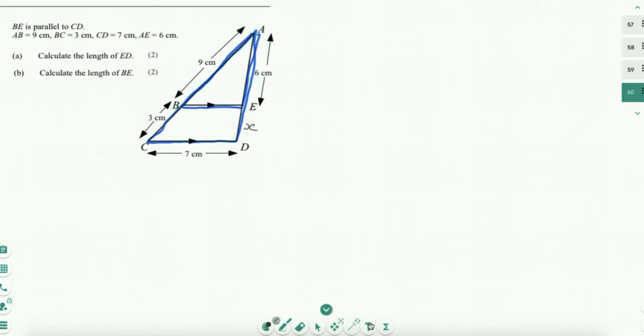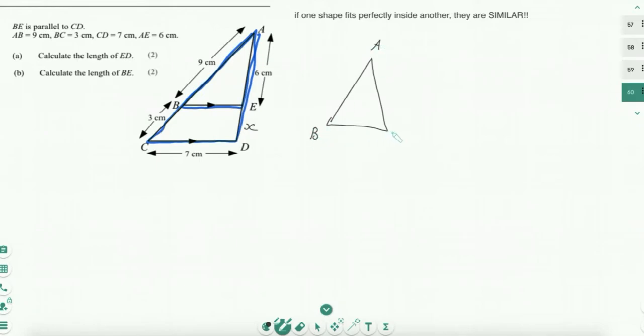Now, here's a little fact: if one shape fits perfectly inside another, they are similar. And the best thing to do, guys, is to draw out both these shapes separately. So let's first draw the small triangle ABE, 9 and 6.